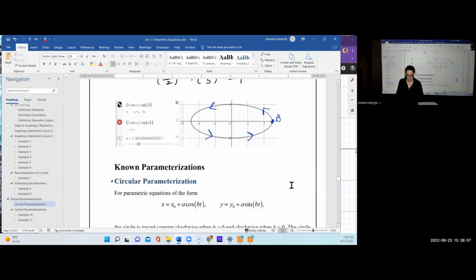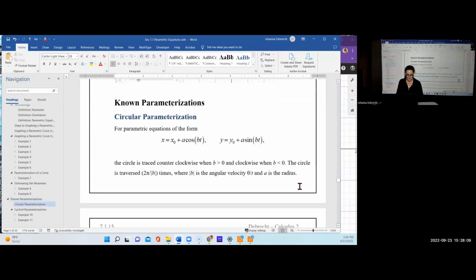Now let's talk about a few of our known parameterizations for which we know what the graph is going to look like. If you have a parametric equation, which is x equal to some constant value x naught plus a times cosine of bt, and you have a similar equation, but for y equal to some constant y naught plus a sine of bt, then you're going to get a circle.